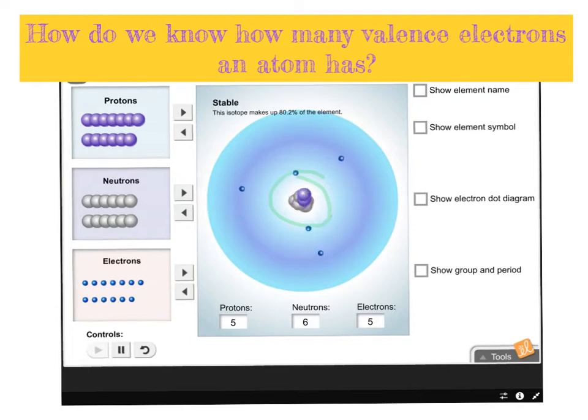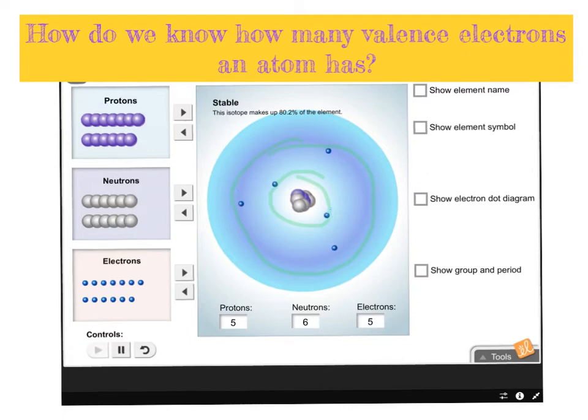And then you can see this kind of purple line or area, okay, is where there are some more electrons that are out there. Those are the farthest from the nucleus in this atom. So if we were going to look at this atom and figure out how many valence electrons, they are the electrons that are farthest from the nucleus in the highest energy level.